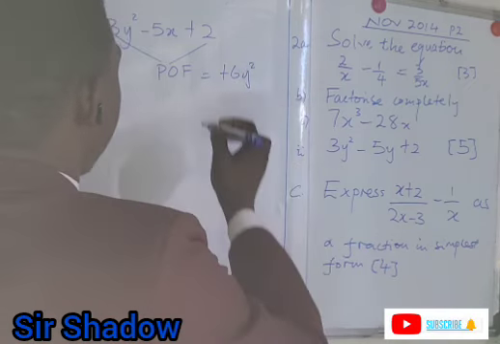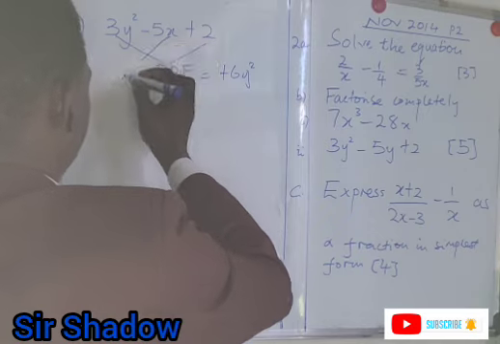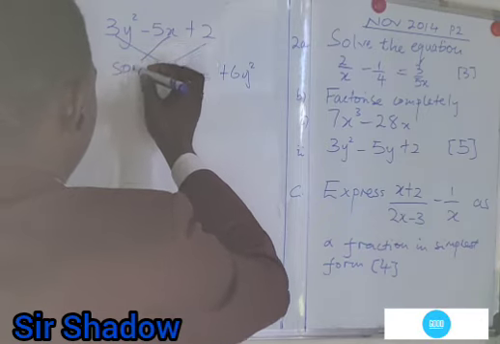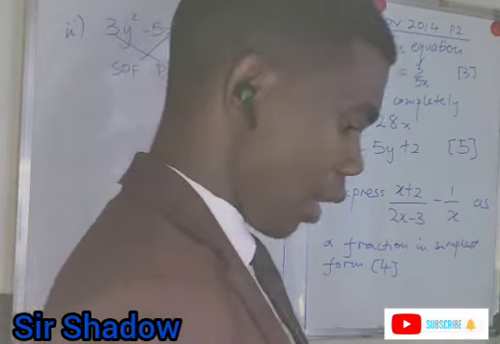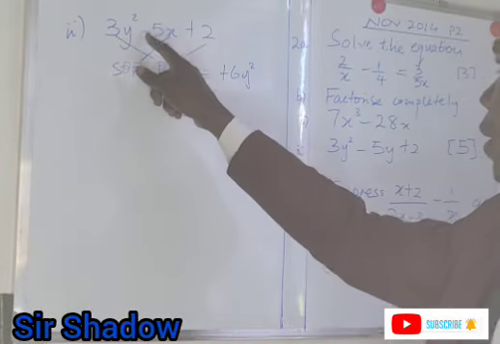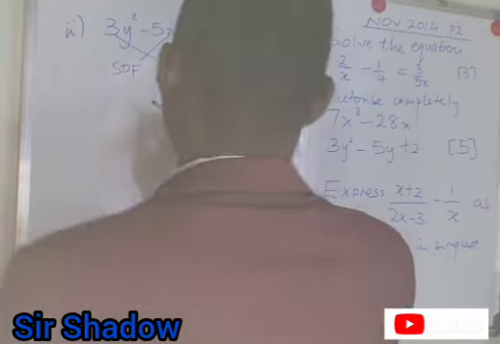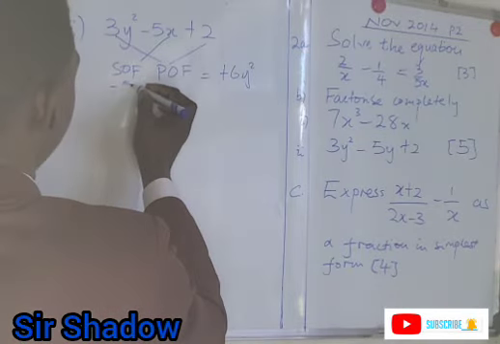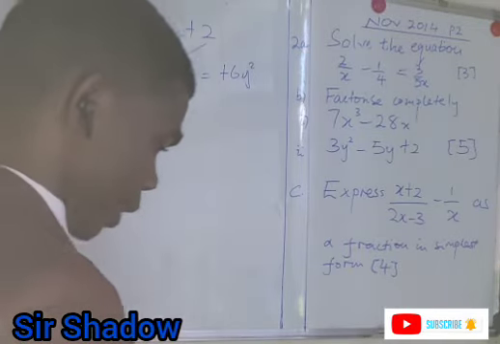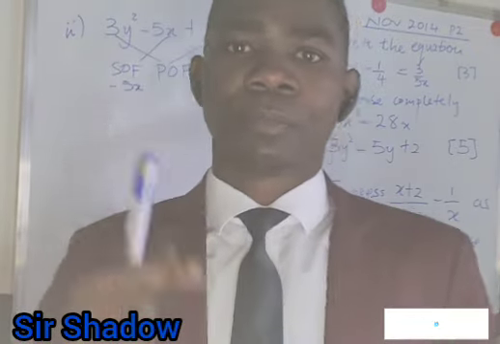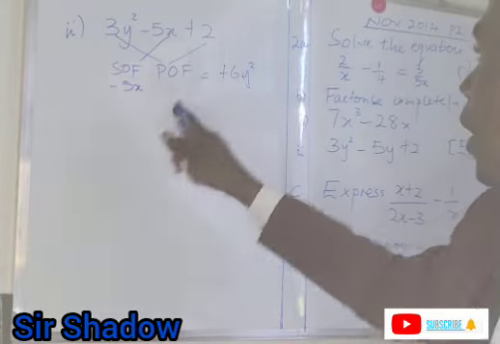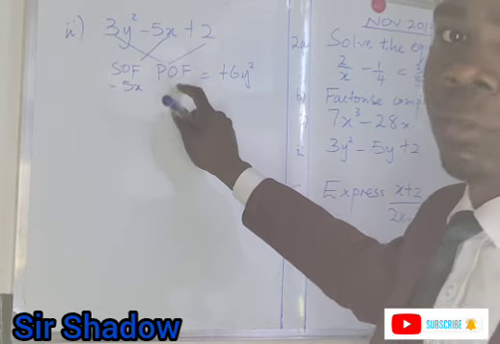Then our sum of factors is minus 5y. Minus 5y is our sum of factors. So we want to find the factors of the product of factors.